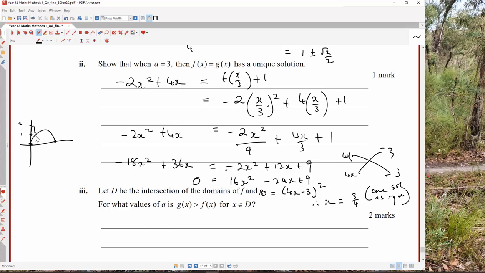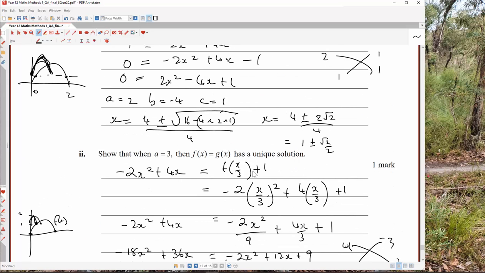So what a is going to do is keep getting bigger and bigger until at some point that value there is going to send this portion of it below this original function, f of x. And what that means is that g of x isn't greater than f of x. So we're going to dilate it as far as we can until we hit this point here where it intersects with the graph. Now, the point of intersection of the graph is actually this one here.